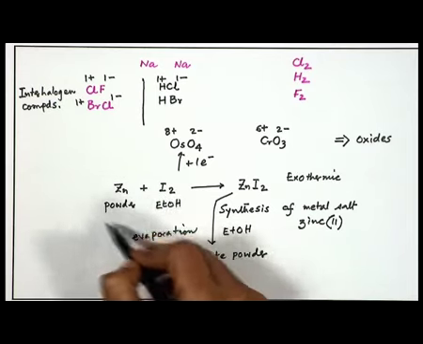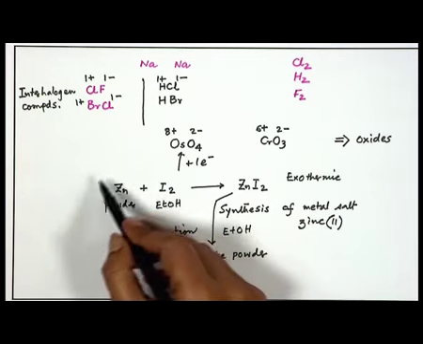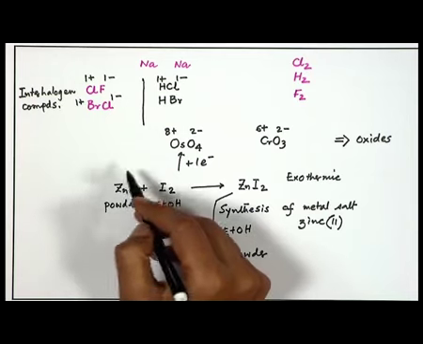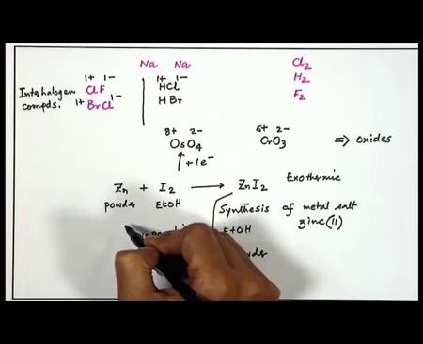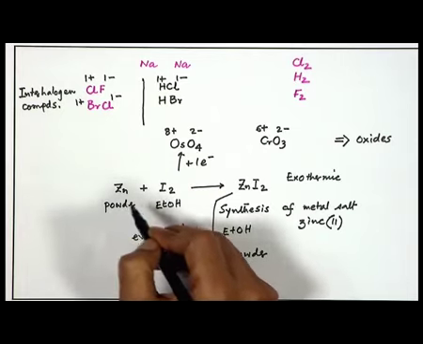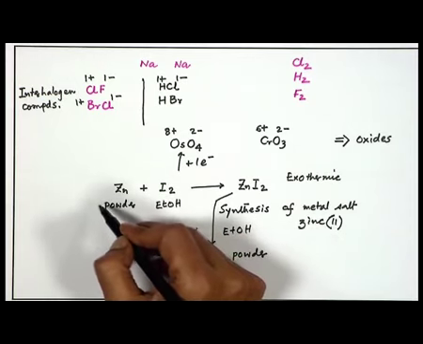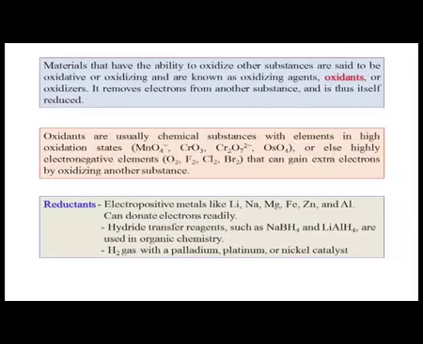That is why zinc, whether present in powder form, as zinc granules or as a zinc rod, is a typical species in different electrochemical cells and in batteries, because zinc has the tendency to be oxidized, that means it can provide free electrons. Similarly, what are the other species we will encounter?